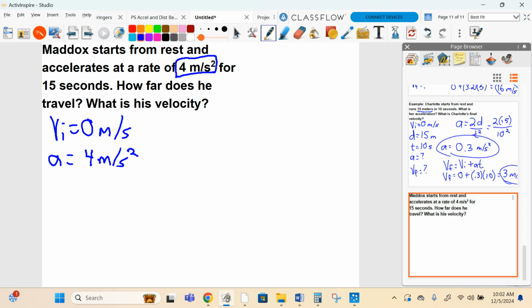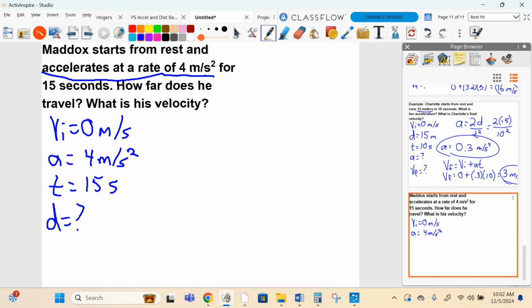Again, you can use your units to help you identify your numbers. Also, typically if you read the problem, it usually says it right beforehand. It accelerates at this rate. It does this for 15 seconds. That's our time. How far? How far asks for distance. And what is the final velocity?